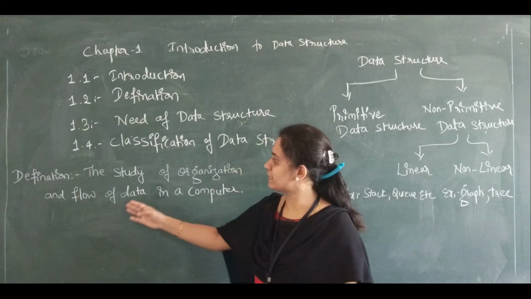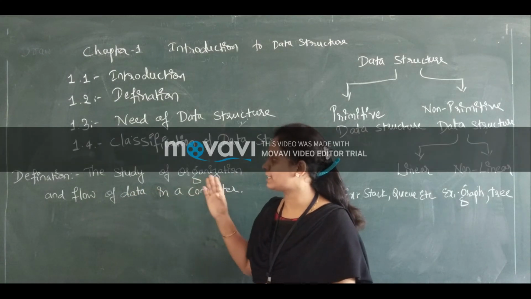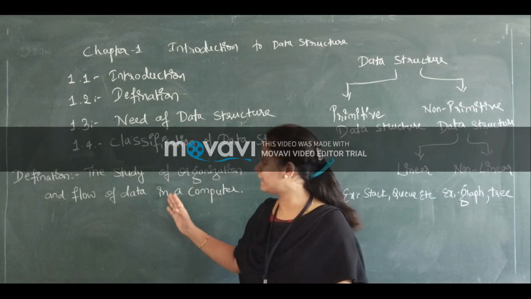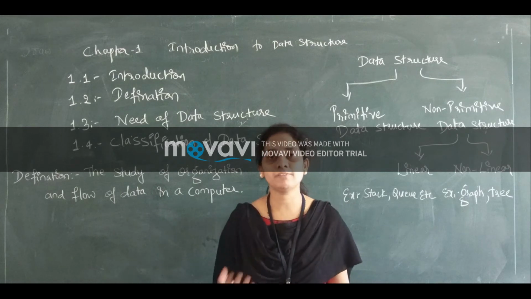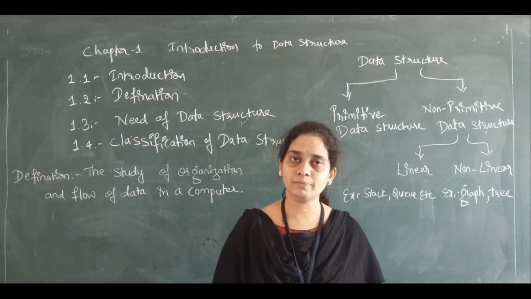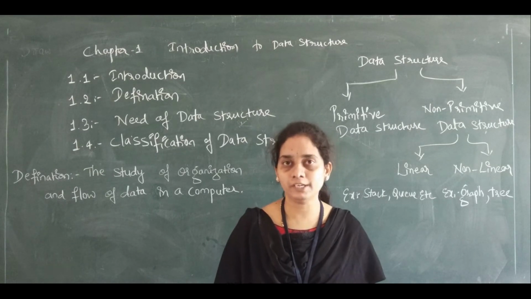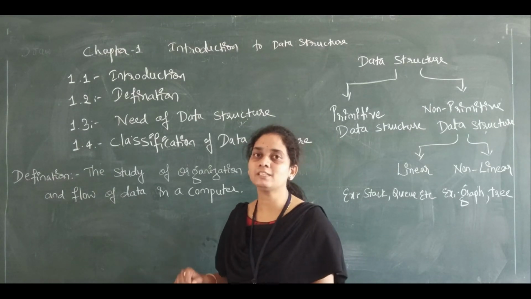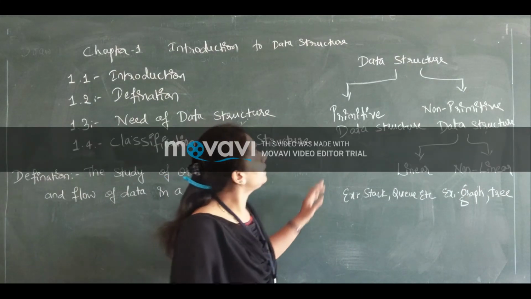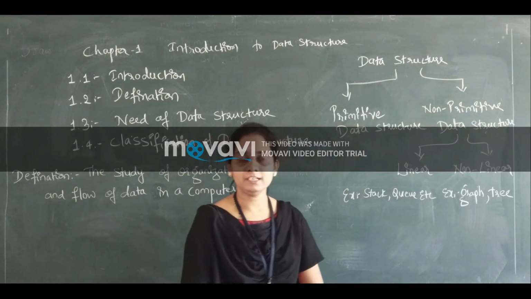So the data we save in our computer will be saved into the memory. How it has to be saved and how it has to be retrieved, we are going to study in data structure.